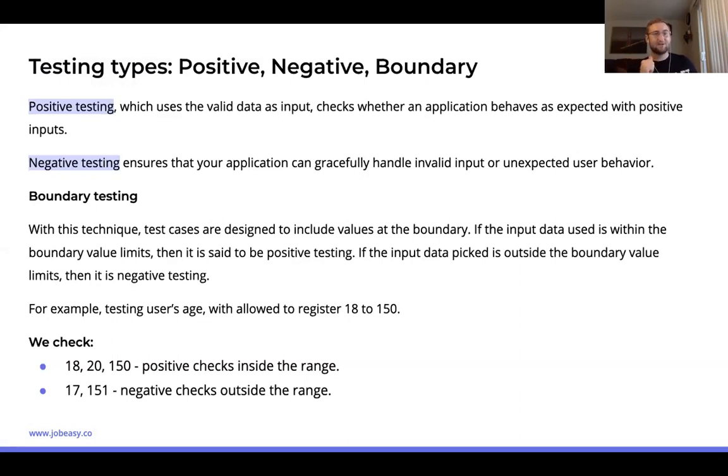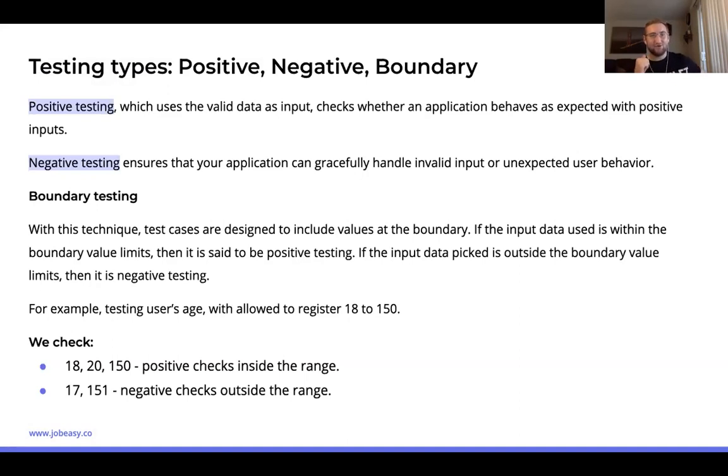Okay, so positive testing. I'm sorry, during positive testing, we use valid data as input. So this type of testing checks whether an application behaves as expected with positive input.